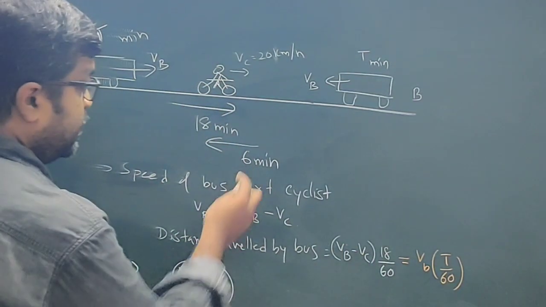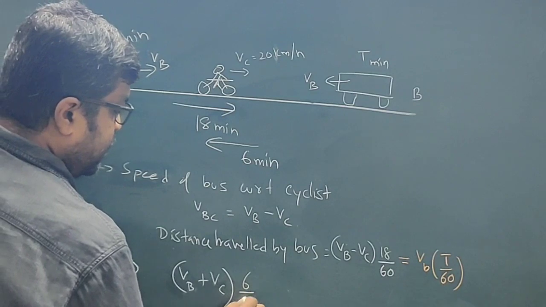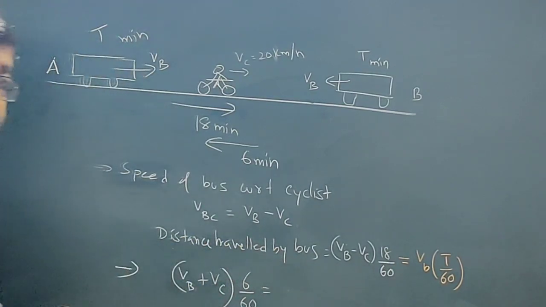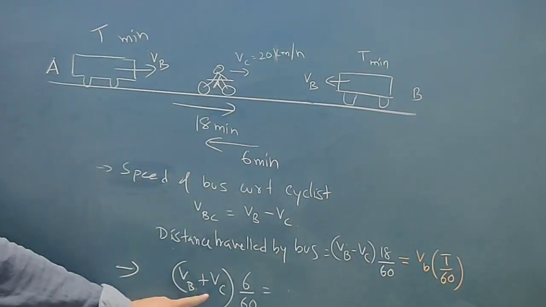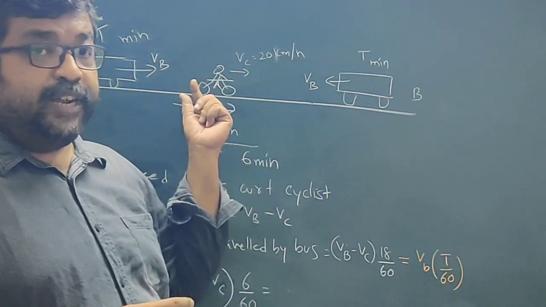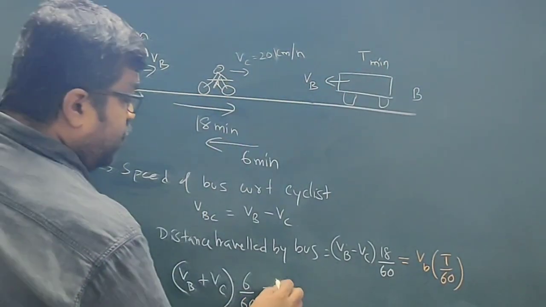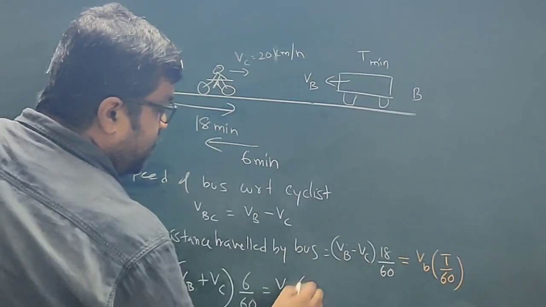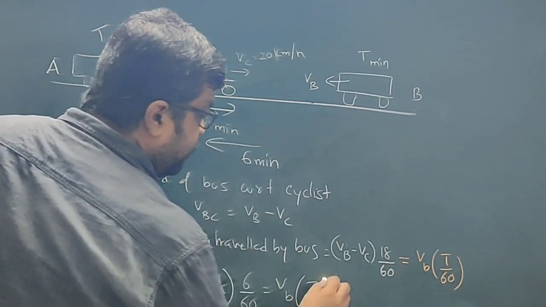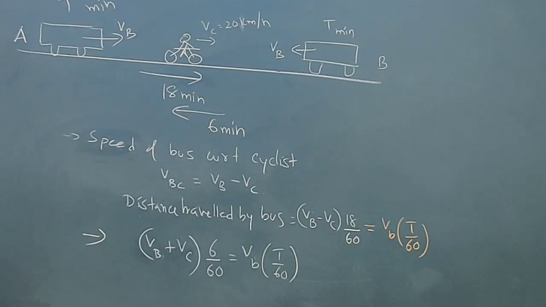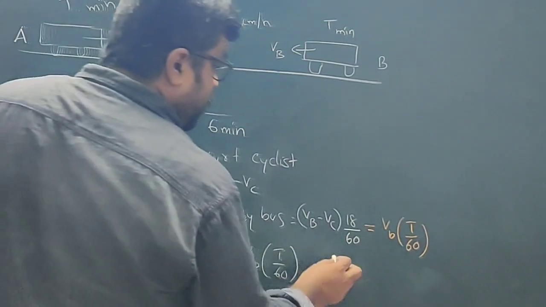So the time is 6 by 60. But for that also the period is T, so this will also be equal to VB into T by 60. So this is the basic concept.